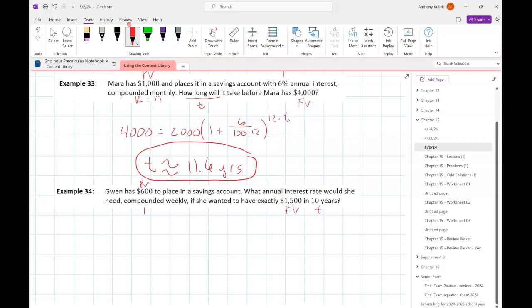That's my T. This is my K. And then we're solving for the R. I just want to call that I. So 1,500 equals 600 times 1 plus R over 100 times 52, to the power 52 times 10. Everybody's okay there?